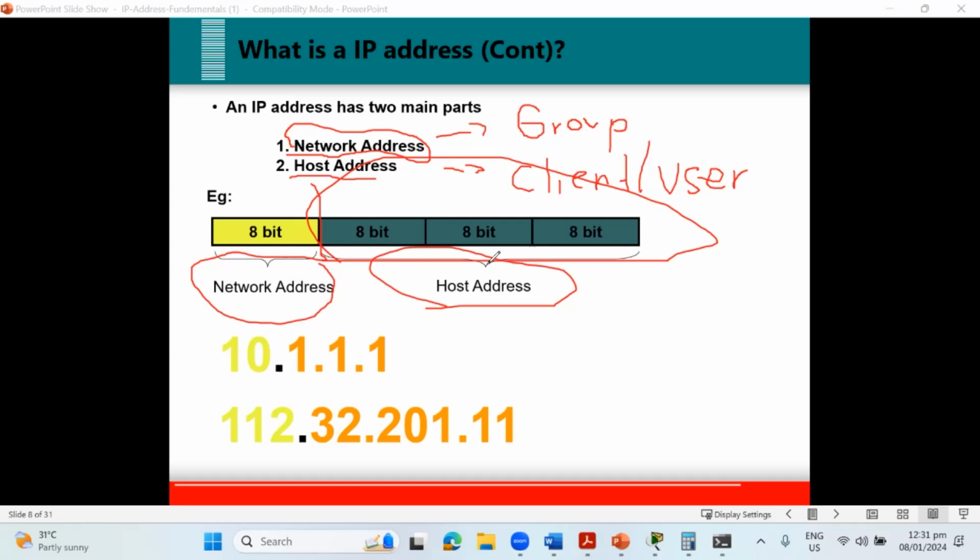The orange part is indicated for the network and the yellow part for the host. So it's one IP address but divided into two portions.